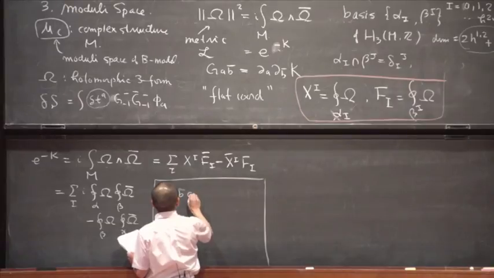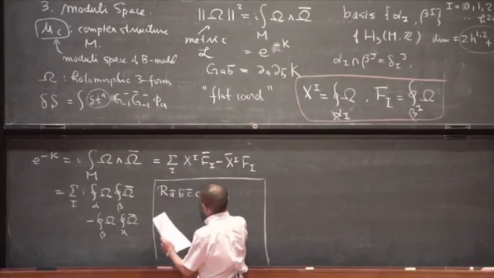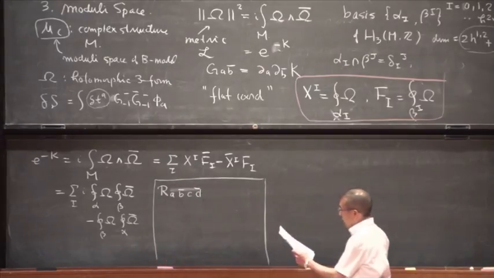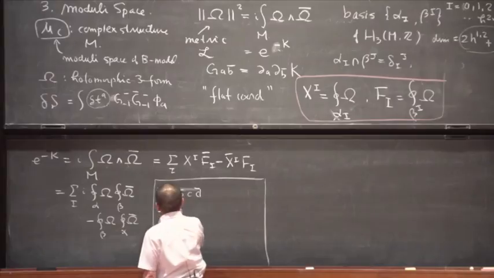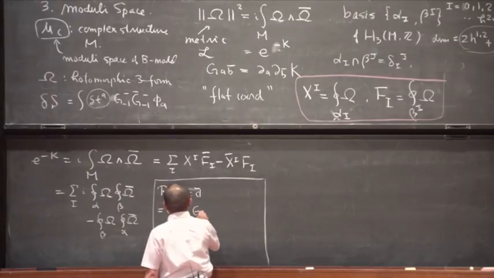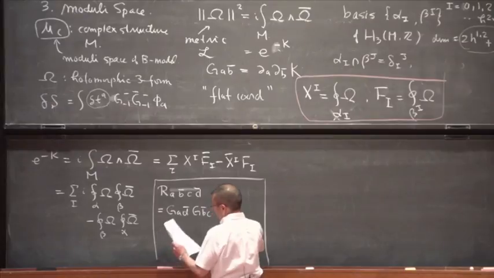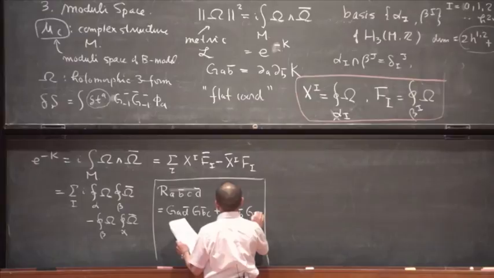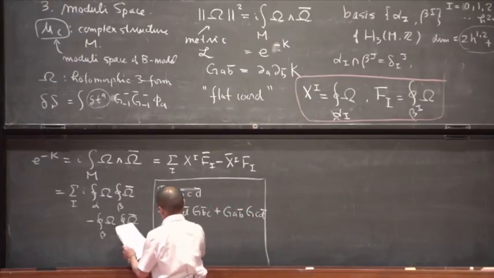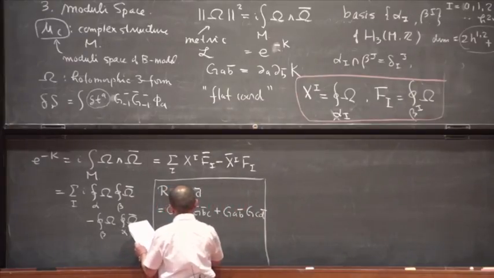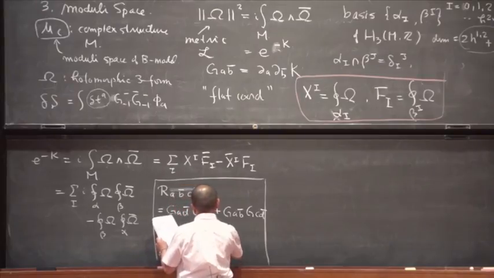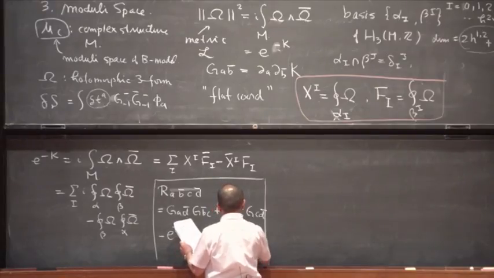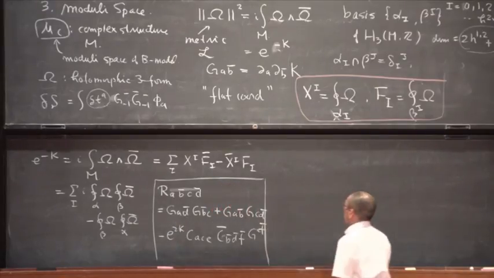This is the Riemann curvature on the moduli space of the Calabi-Yau manifold, and it turns out to be simply expressed in terms of the three-point coupling and the metric itself.